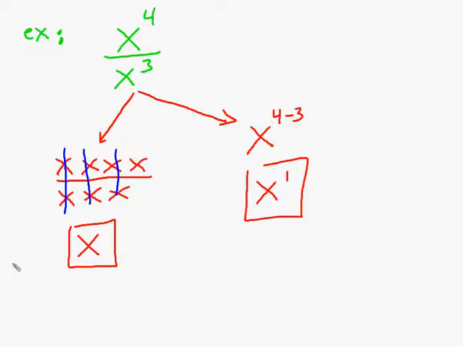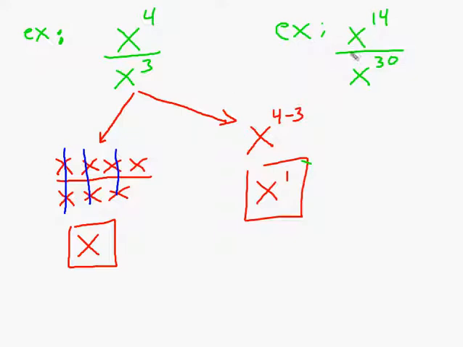Okay? Now, I'm obviously not going to write it out like this if I had way larger numbers. So if I give you an example like x to the 14 over x to the 30, of course you're not going to write x 30 times and then cancel it 14 times. That wouldn't make sense. Okay, so let's apply our quotient rule.